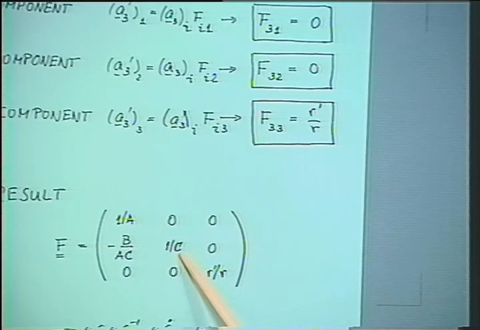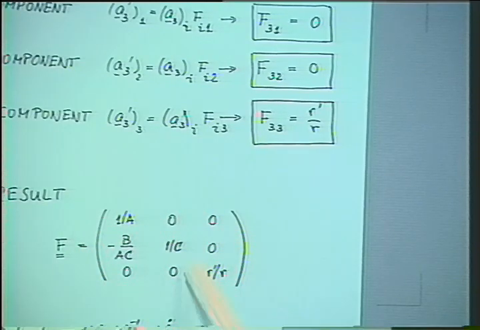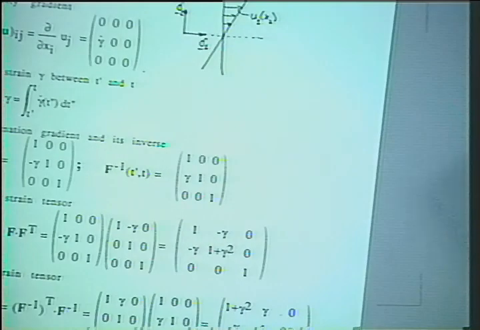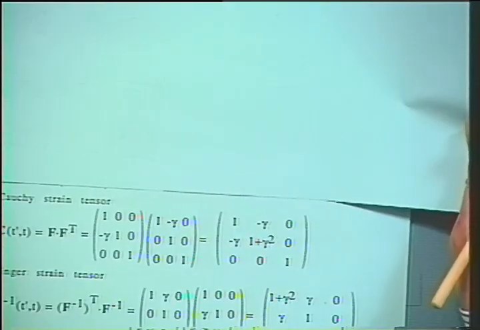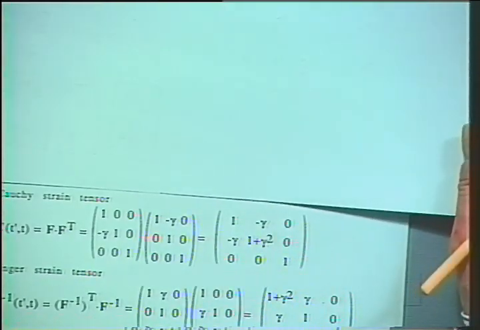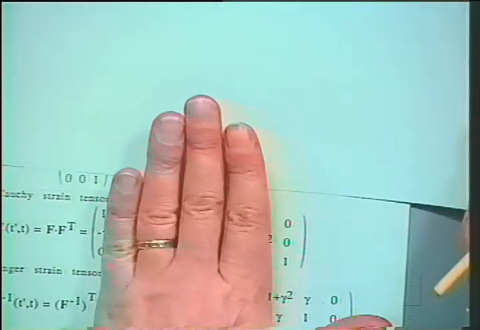Here, C again gives us the stretching of the second material vector, and R prime over R gave us the stretching of the third material vector. And you have all the detail here, and with the deformation gradient tensor, you would go into the equations as we had before.